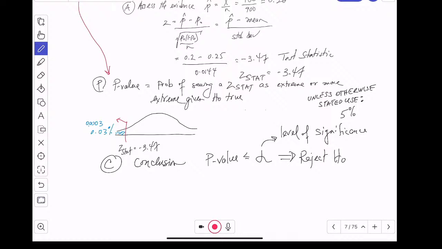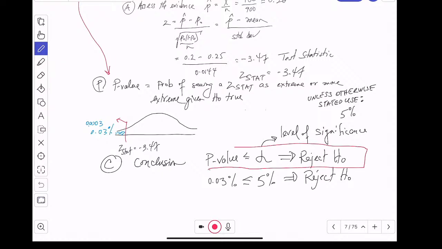So you write, I'll put in the numbers, p-value less than 5%, then you reject H naught. So this is the general statement you use every time, and I say use 5% unless you're told otherwise. Since this is true, we reject the null hypothesis.